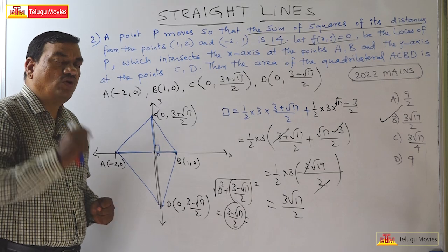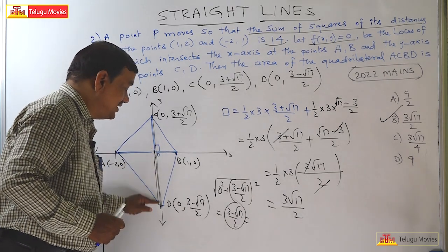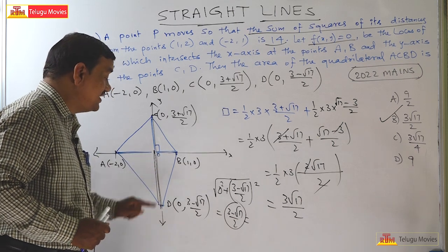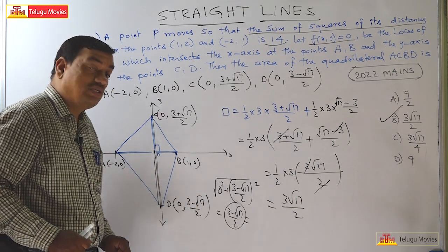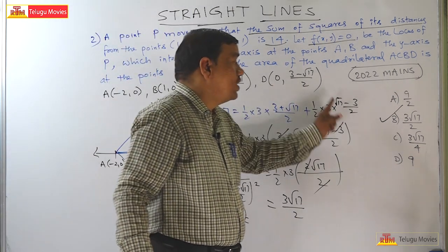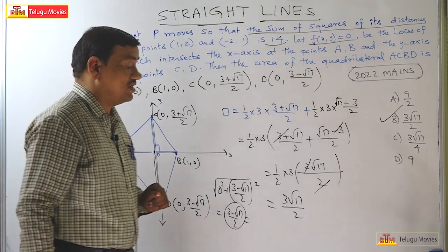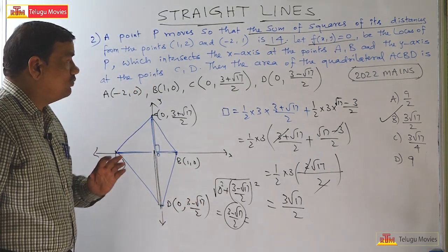Okay. So the only thing you have to remember very carefully is this length. The length is 3 minus root 17 by 2. It is a negative quantity, but you have to write it as root 17 minus 3 by 2. That is your answer. Okay now? Right. I hope that is the only thing.